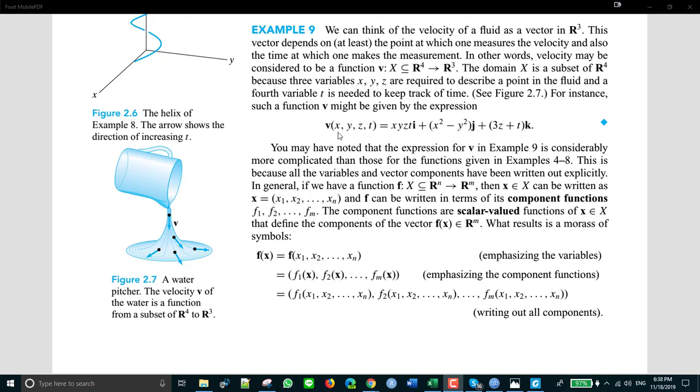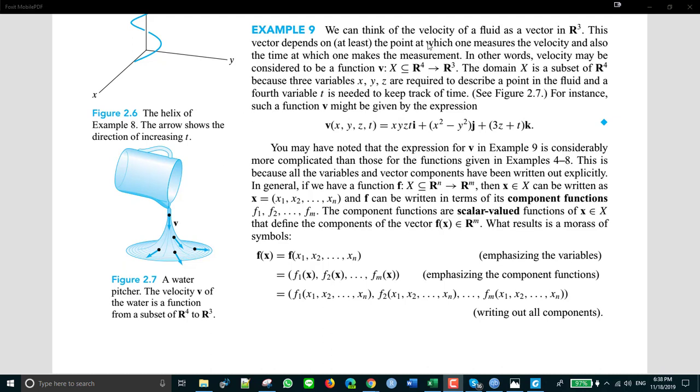So we have as the set of inputs x, y, z, and t, and whatever x, y, z, and t are, we put that in here, we do all this stuff, we get out a vector, still a vector in R3, telling us in what direction the water is moving and how fast it's moving. The magnitude will tell you how fast it's moving. So let's read that.